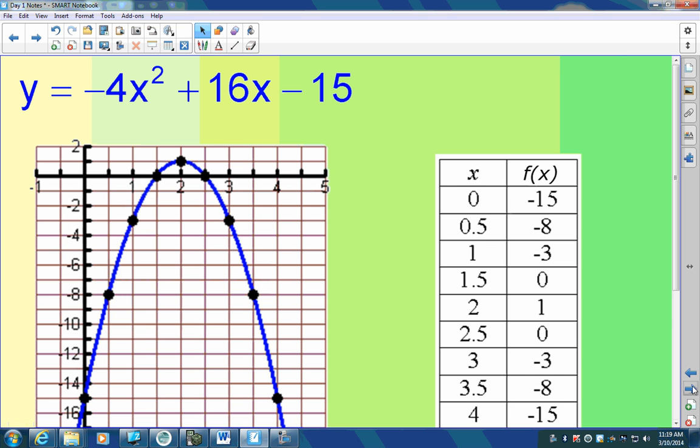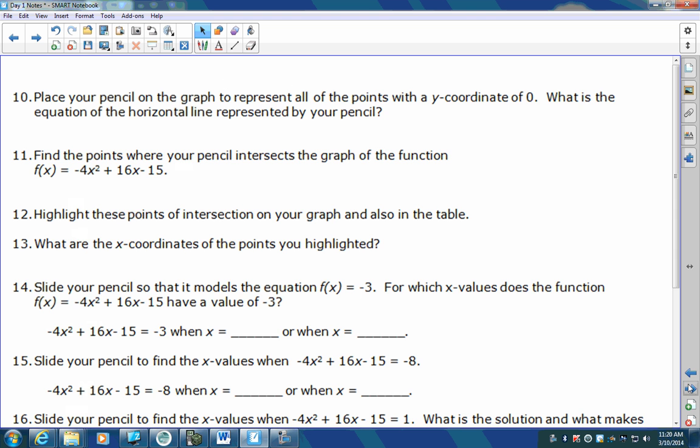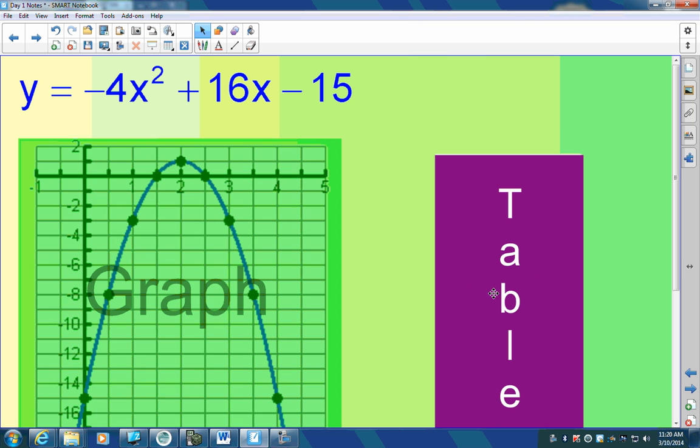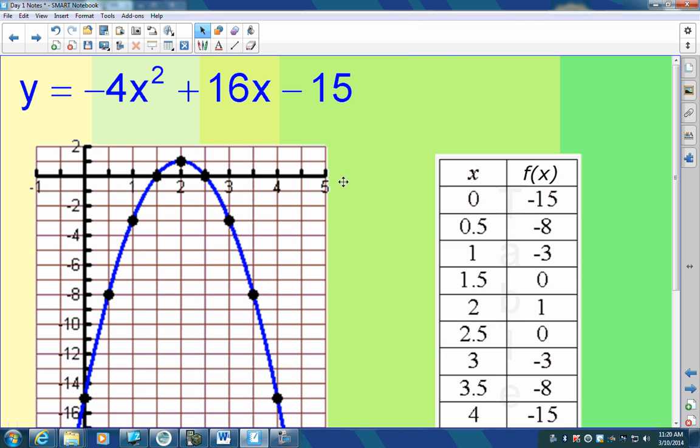All right, the next question says place your pencil on the graph to represent all the points with a y coordinate of 0. So on our graph, we're going to go where y is 0, and I'm going to draw a line. This is y equals 0. Guys, y equals 0 is the x-axis.